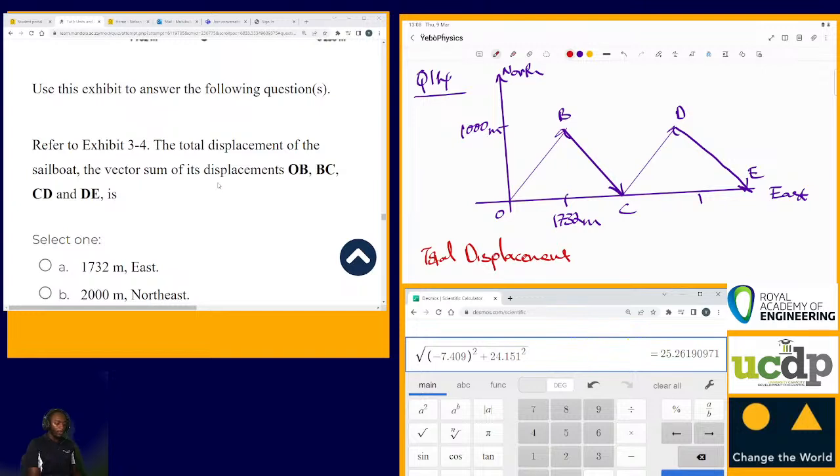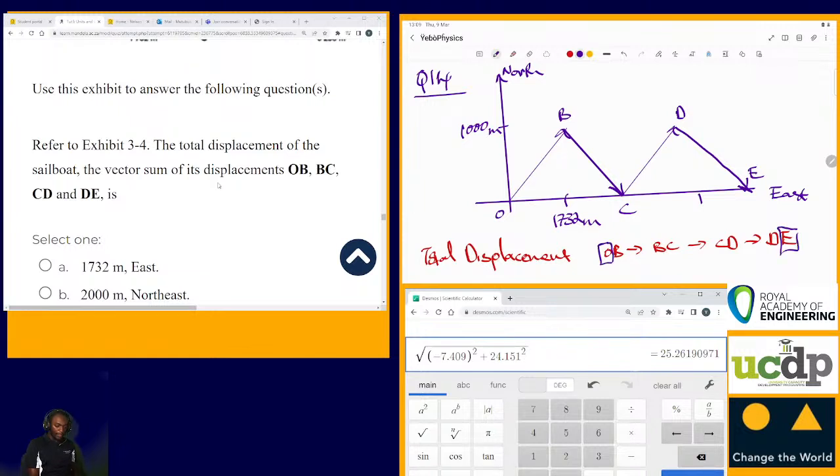So we're moving from OB to BC. From BC we go to CD, and from CD we go to DE. Right, so we want the resultant. So you look at what was our starting point. Our starting point was at O. And where are we now?